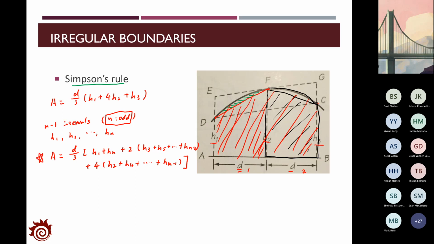If we have an even number of intervals, if n is even, then you just apply Simpson's rule for the first n-1 intervals, where you can apply Simpson's rule directly, and for the nth interval, use the trapezoidal rule. Then you can get the area covered by the irregular boundaries more accurately compared with the trapezoidal rule only.